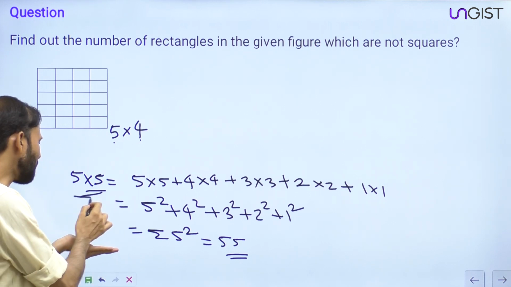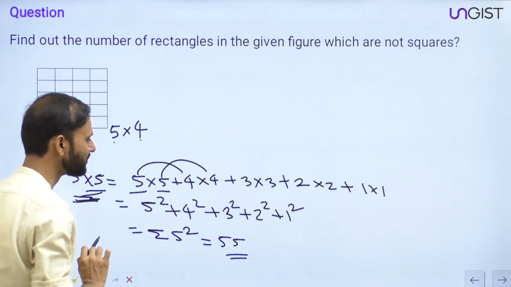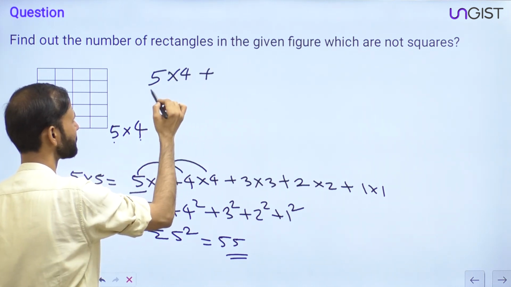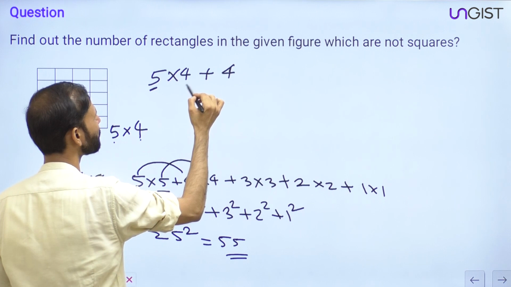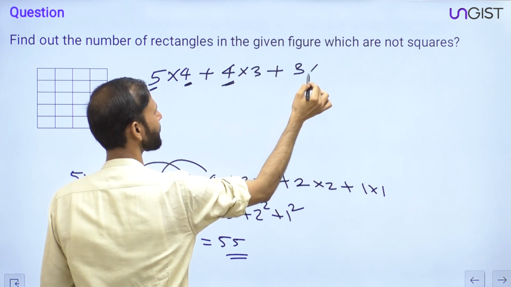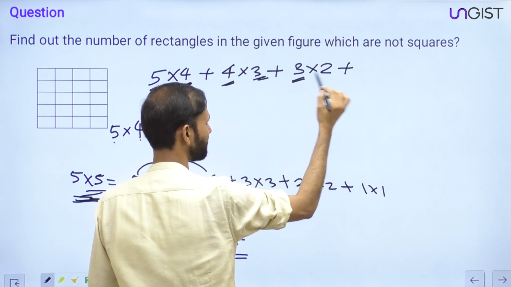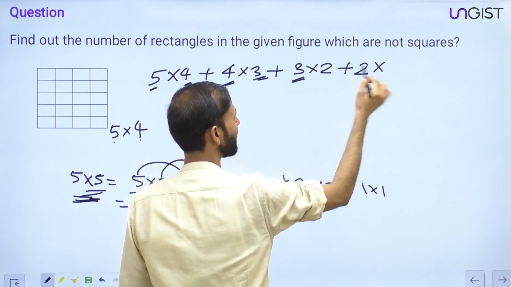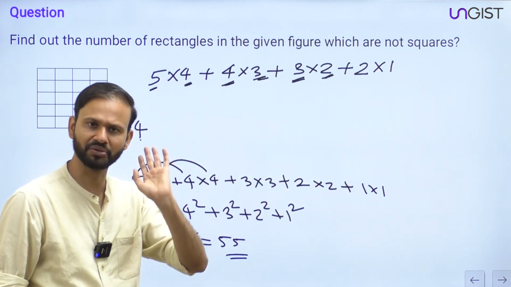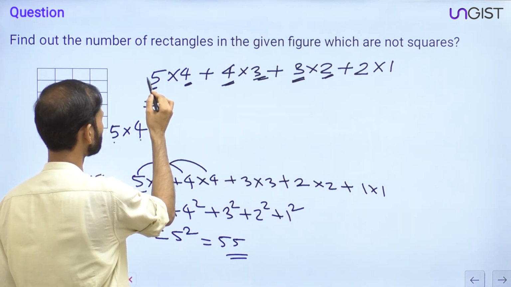Start with the order and then subtract 1 each time. 5 minus 1 is 4, 4 minus 1 is 3, 3 minus 1 is 2, and 2 minus 1 is 1. After that you can't continue because 1 minus 1 will become 0, and multiplying with 0 doesn't make any sense, right? So the answer is 5 into 4, 20.